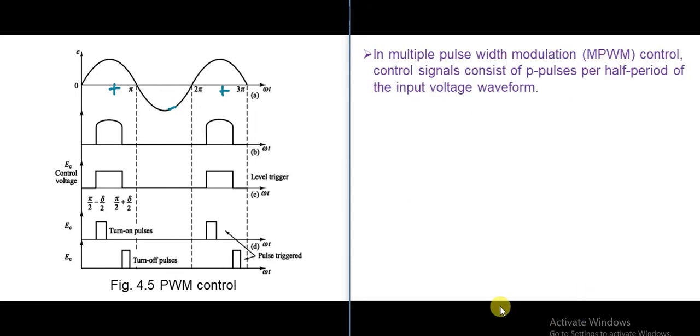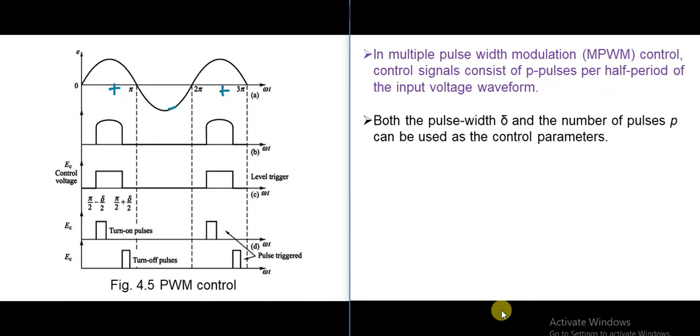In multiple pulse width modulation control, the control signal consists of p pulses per half period of the input voltage waveform. Both the pulse width delta and the number of pulses p can be used as control parameters.